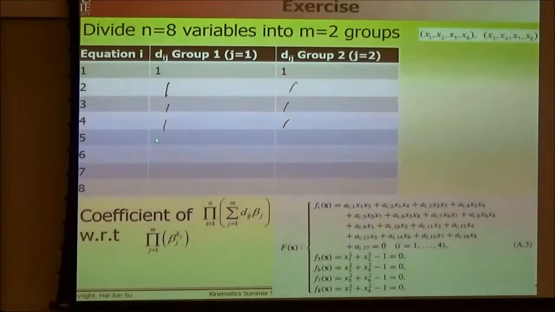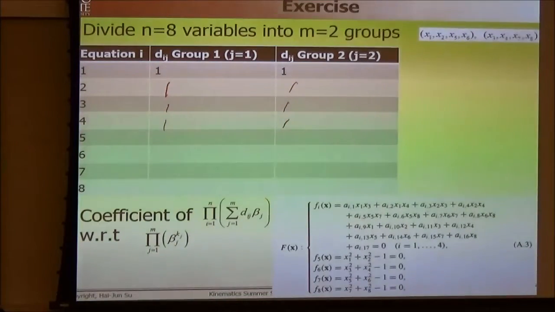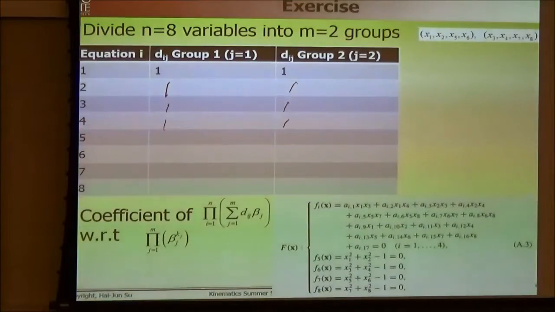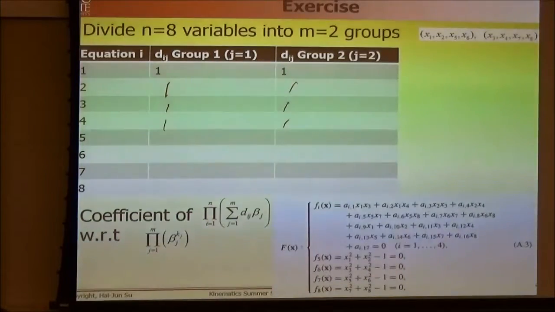So what's the degree of this polynomial in this group? How do I define the degree of a polynomial in terms of a group? Let's think about it. x1, x2, x1 squared, x2 squared. So what is the degree of this polynomial?